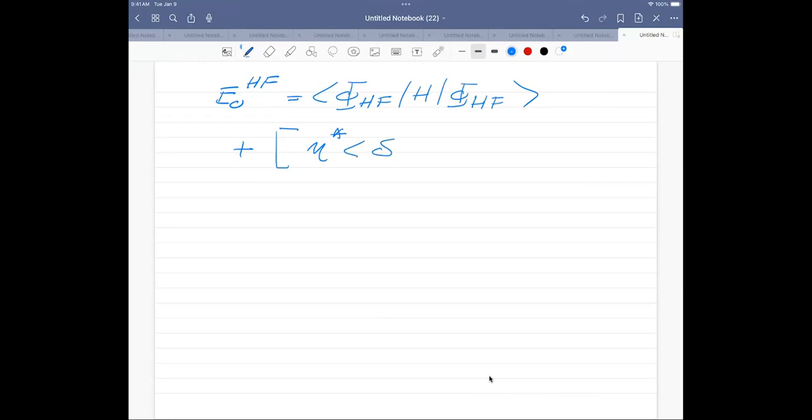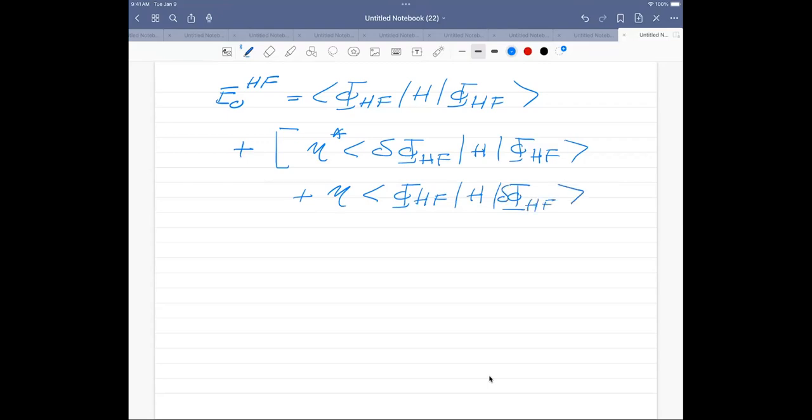I then have delta of phi Hartree-Fock of H of phi Hartree-Fock, plus eta times phi Hartree-Fock of H of delta phi Hartree-Fock.